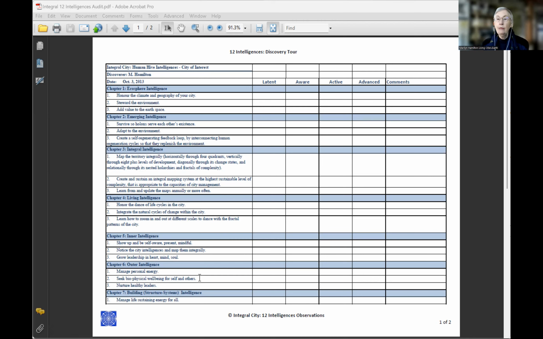An example here might be being aware of how to eat in a healthy way, actually physically working out, and being aware of the well-being that people in this city are able to provide evidence for through various salutogenic indicators, that is, health and well-being indicators. And finally, the third element for the outer intelligence is nurturing healthy leaders.